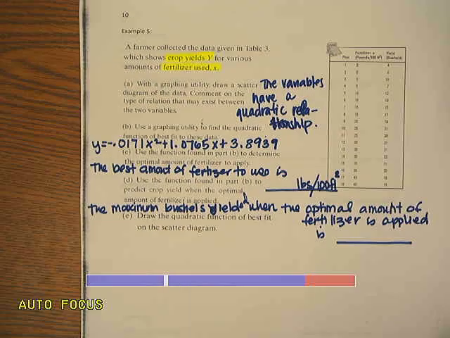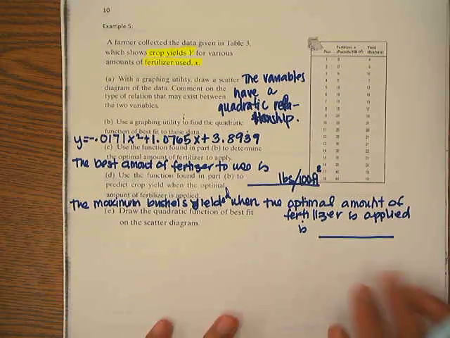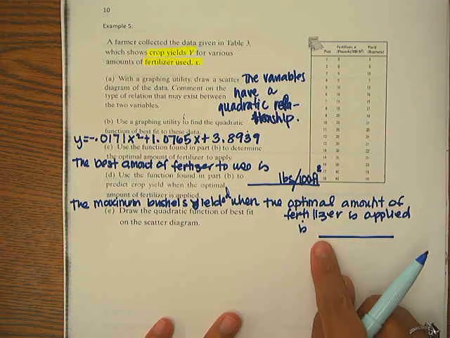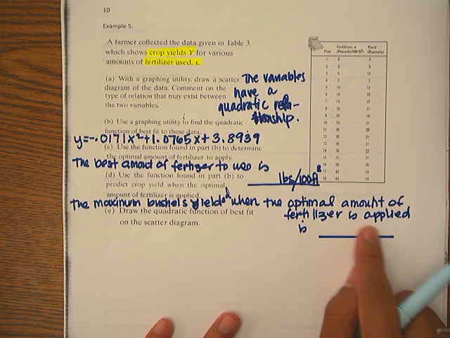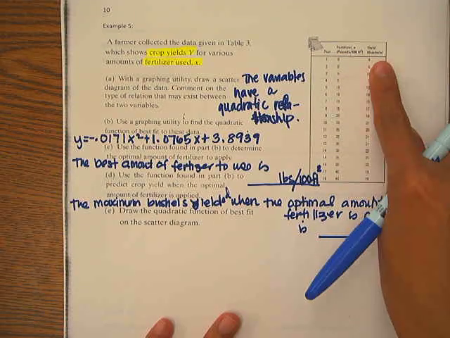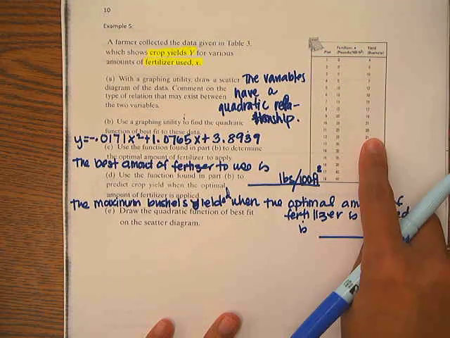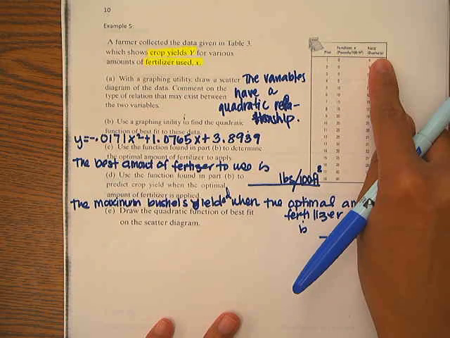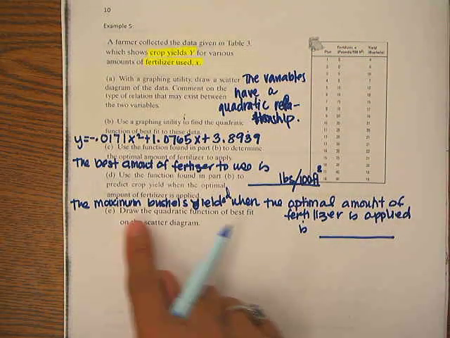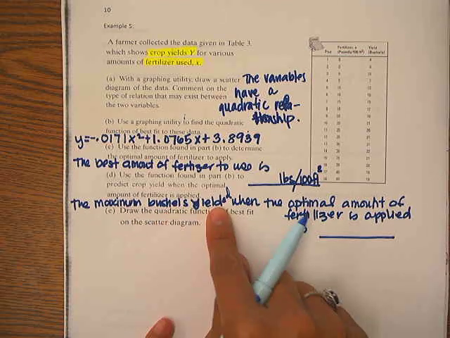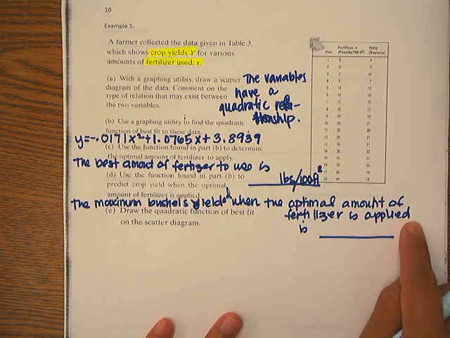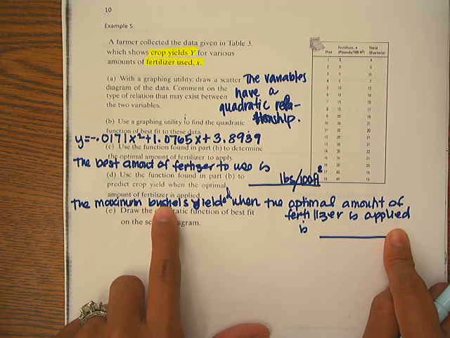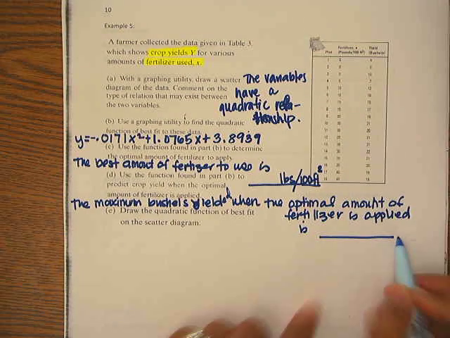Let me zoom out some more. And remember, you don't have to do any more work from the previous step. You just have to write the correct number of bushels here. And again, it looks like it's rounding to whole numbers, so just round this to whole numbers for me. Okay, and the units of measurement is, because I already have the unit of measurement right here, you don't have to put it back here. All right.